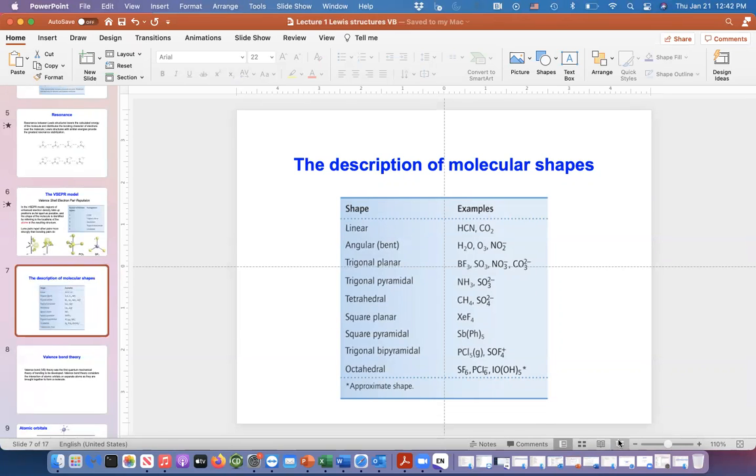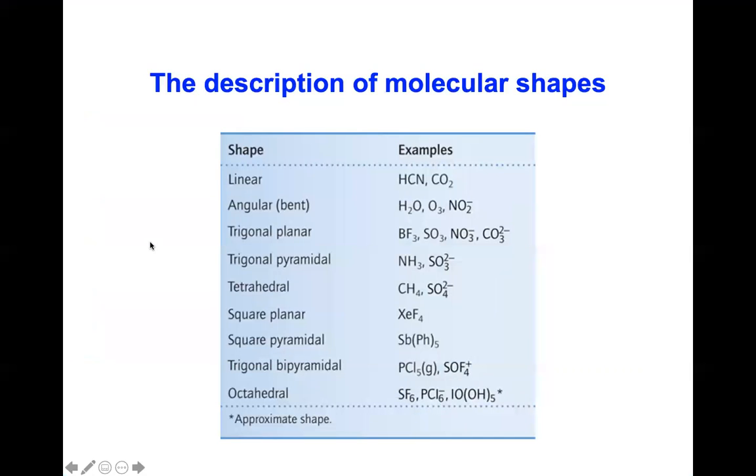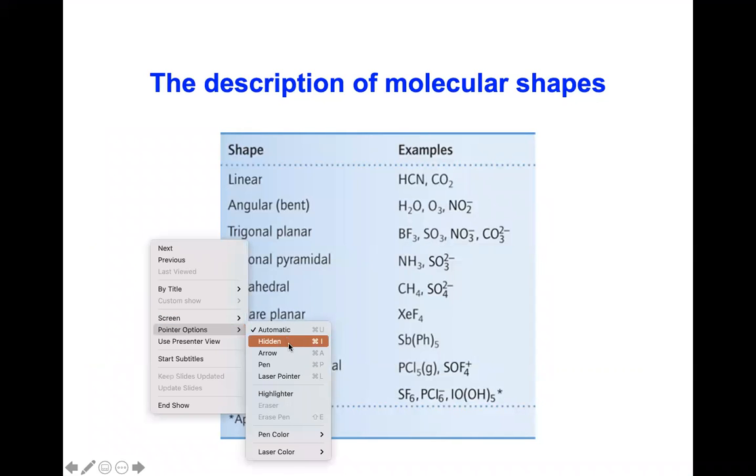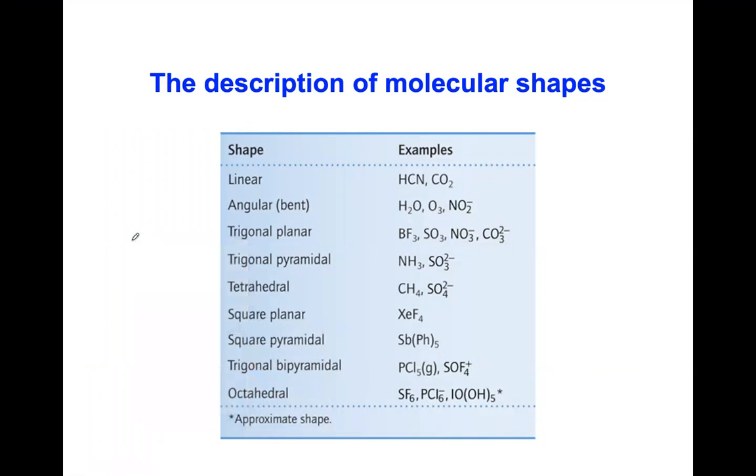Let me do it again. We have xenon. It's a little bit ugly, but you understand what I'm trying to do, right? So we have fluorides, and we have 6 electron regions here.